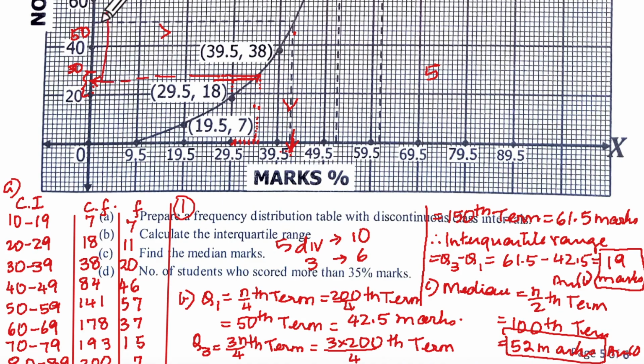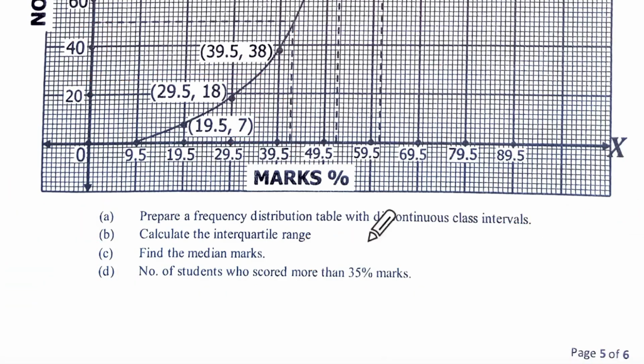Now this part is the people who are getting more than 35. So it is 20 and 6 more. So students who scored more than 35 will be 200 minus 26 students. So that will be 174 students.